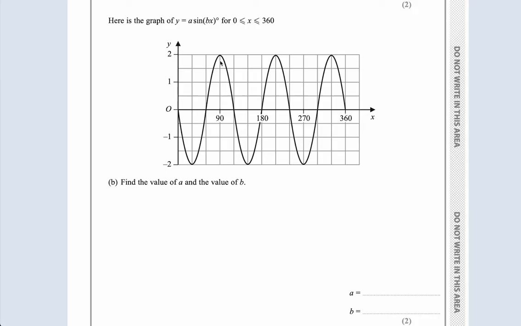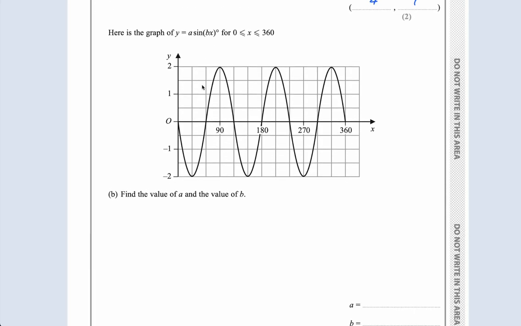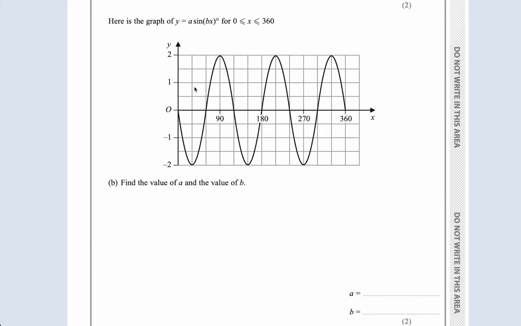This is the graph of y equals a sine bx, right? So I would argue, guys, that this question 21, it's one of the harder topics, fine, but this isn't an impossible question once you understand the basic transformations and these sinusoidal graphs. So A is the amplitude.